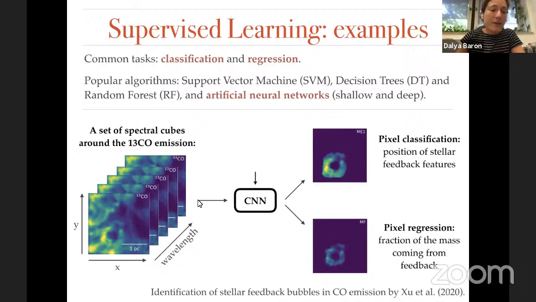So this is, again, I think, a very beautiful example where we can use simulations. If these simulations are good enough and they can represent the complex physics in our systems well enough, then we can use them to train these algorithms and then apply these algorithms to actual datasets.